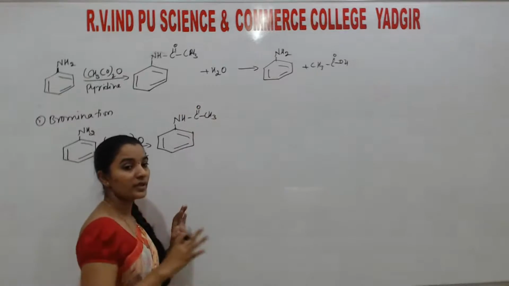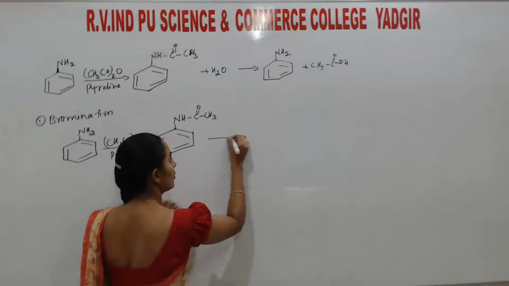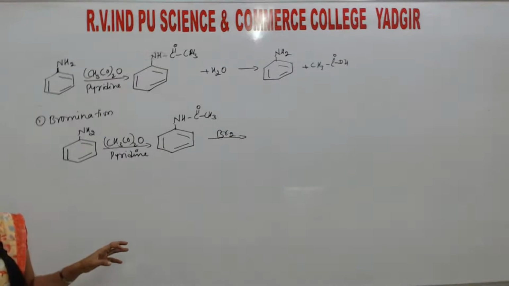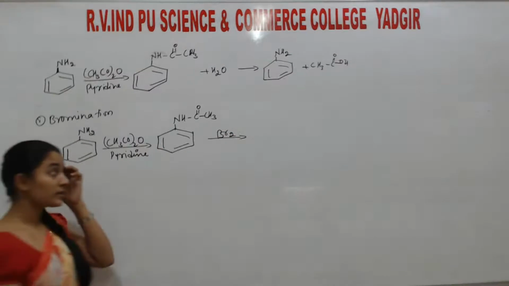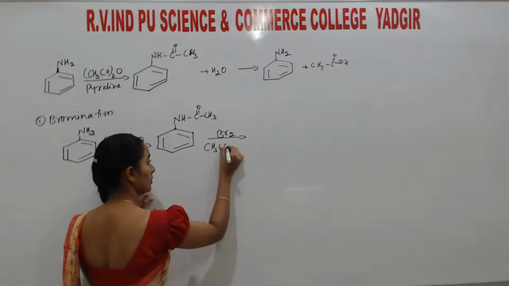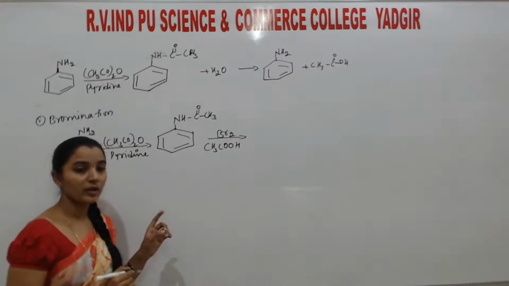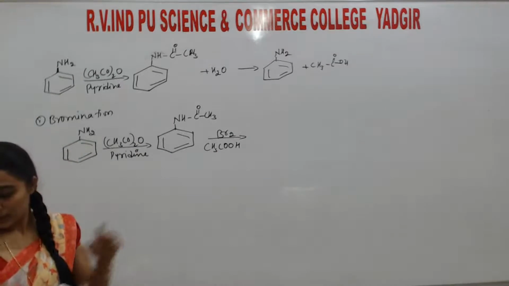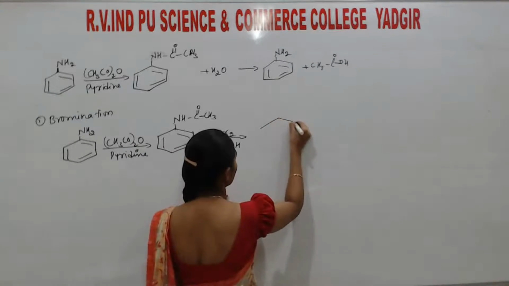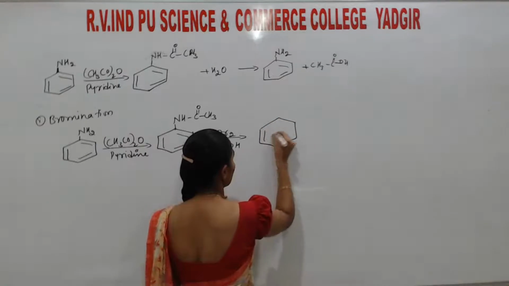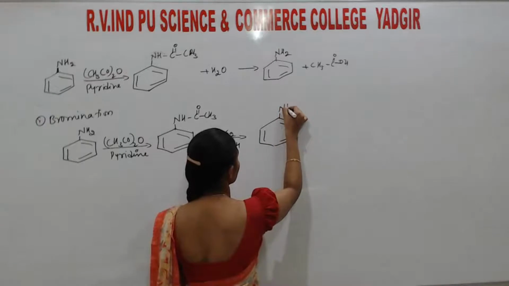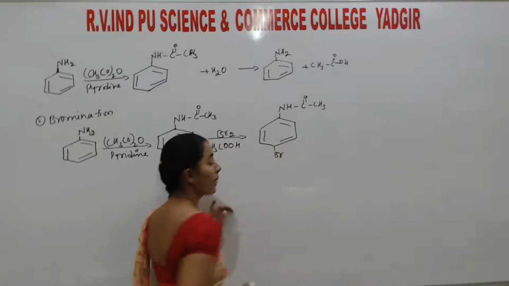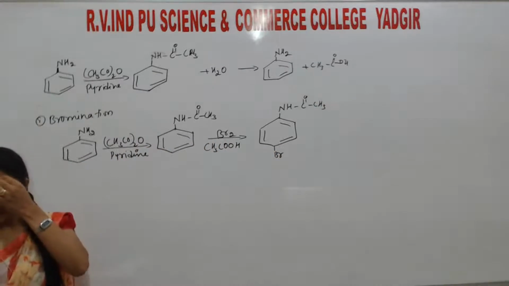So once the group is protected, now perform bromination. Bromination in presence of what? In presence of acetic acid. If it is bromine water, we get 2,4,6 tribromoaniline. But here, in the presence of acetic acid, when it is protected, we get NH, C double bond O, CH3, and here we are going to get para bromoaniline.